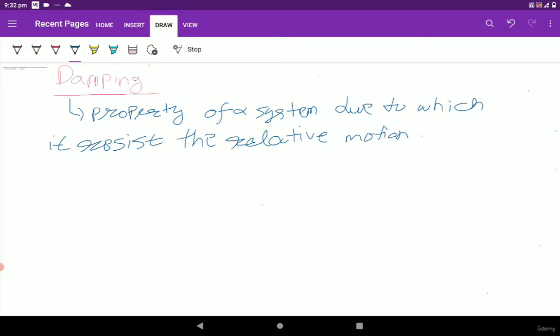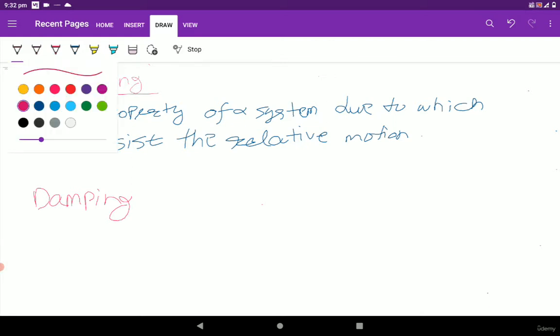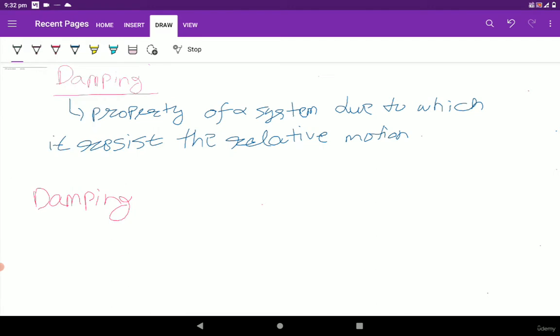So damping can be classified into various types. The first one is viscous damping.